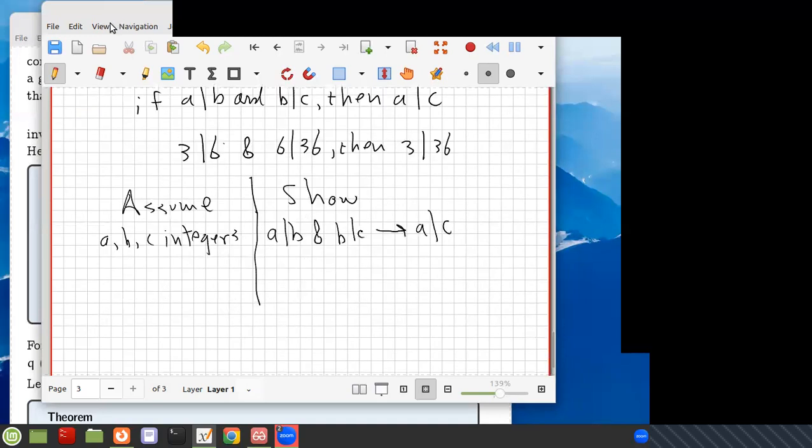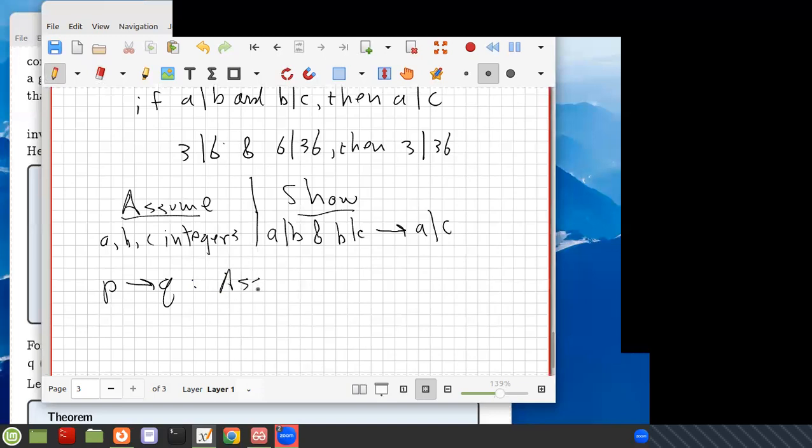Now, what you have to do is to try to transform these two columns by looking at the pattern of the thing we have to prove, and there's a number of proof patterns. So the first proof pattern is, if you have to prove P implies Q, what do you do?